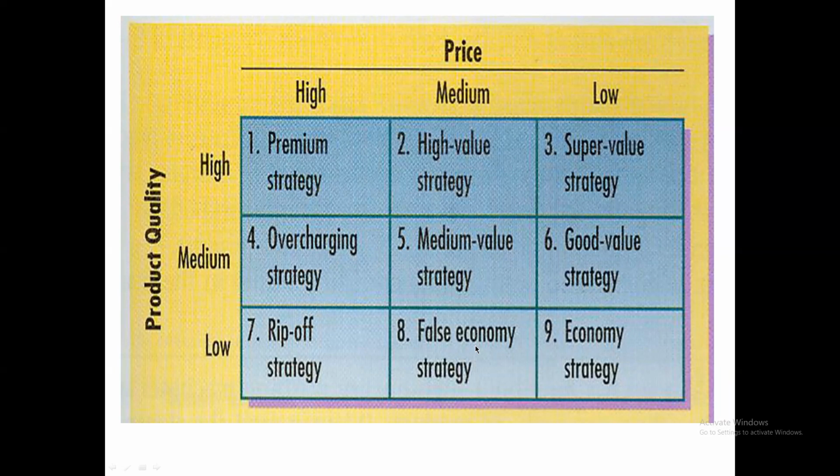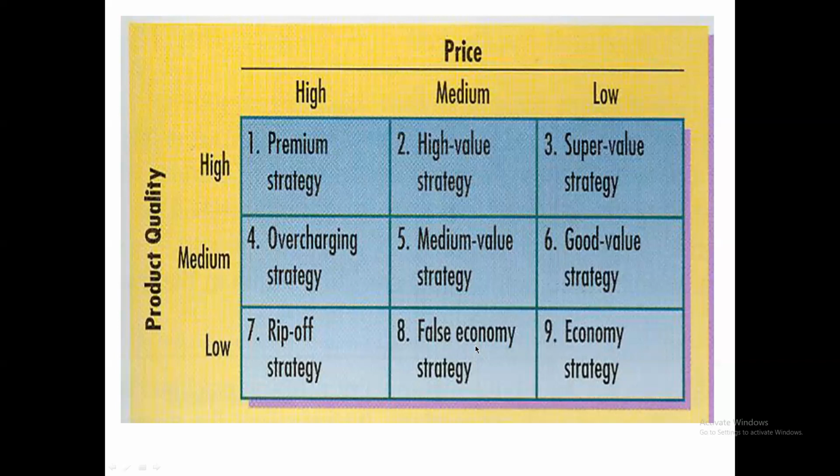If the product quality is high, but the price is medium, that is the high value strategy. We are giving high value to the customers. But if the product is of high quality, but the price is very low, that is the super value strategy. We are giving super value to the customers. That is not a very good strategy, obviously.